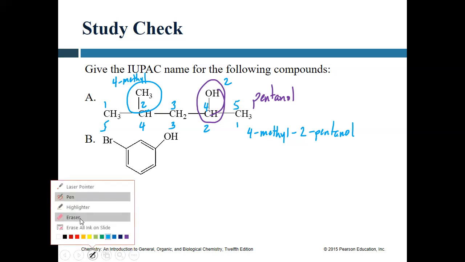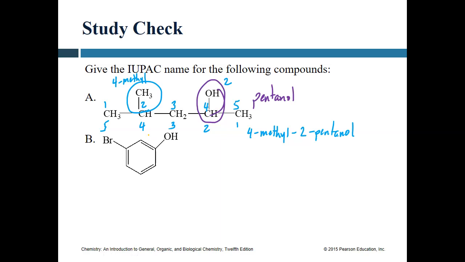All right, for the other one here, it comes with a side of recognition. I should recognize that this group here, the benzene ring with the OH on it, has a name, phenol. Now, how do we get phenol and not benzenol?